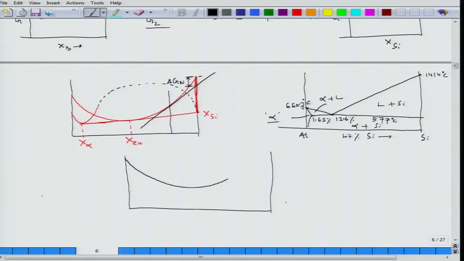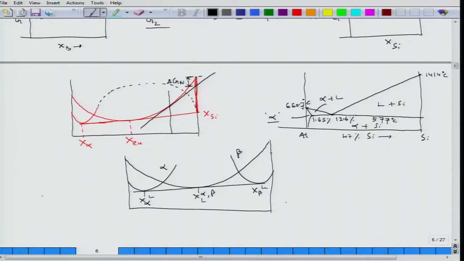This is my liquid line, this would be my solid 1 alpha phase, and this is my solid 2 beta phase, and I could have a common tangent. Then this would be X alpha in equilibrium with liquid, this is X liquid in equilibrium with alpha as well as beta, and this is X beta in equilibrium with liquid.